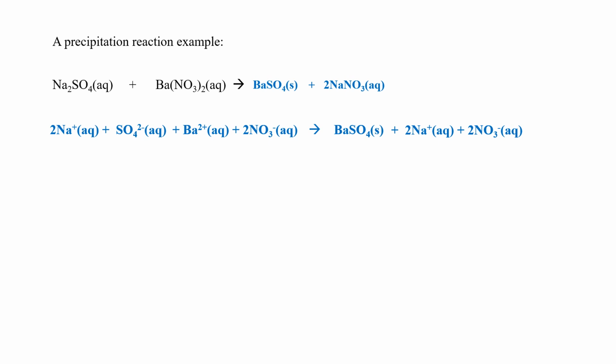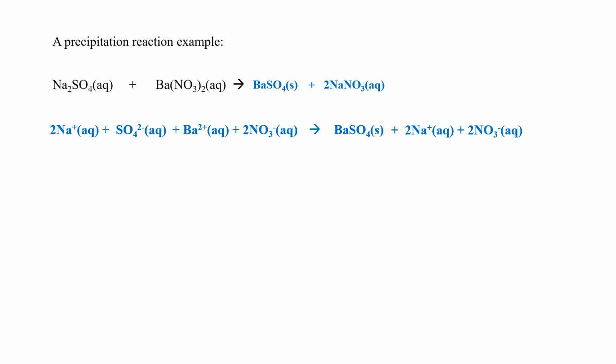We have one more type of equation. It's called the net ionic equation. What it does is leave out the ions in the total ionic equation that don't do anything. The sodium ions in the total ionic equation don't do anything, and neither do the nitrate ions. Those ions are called spectators because they just watch.